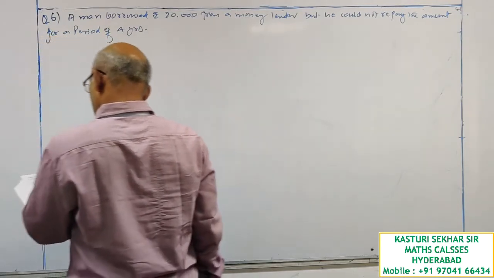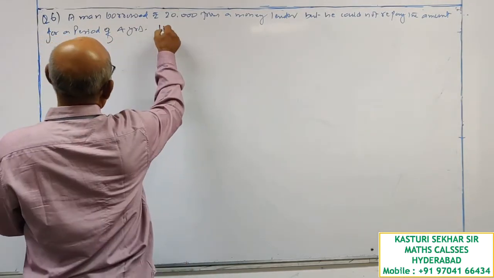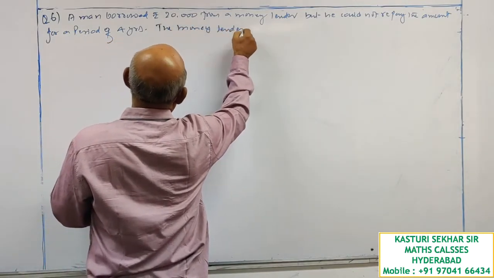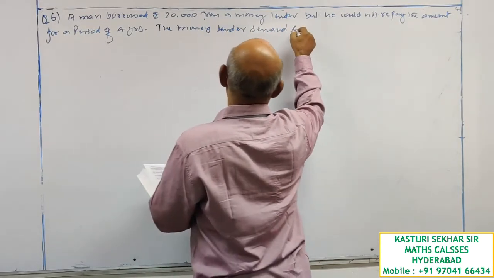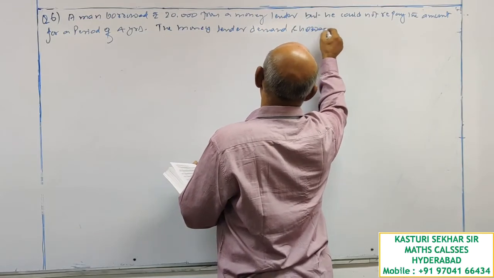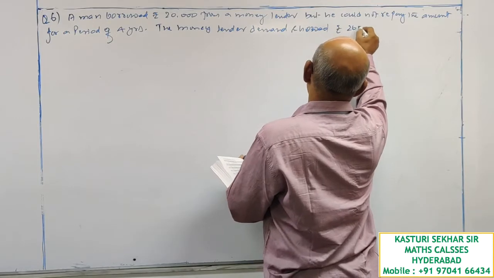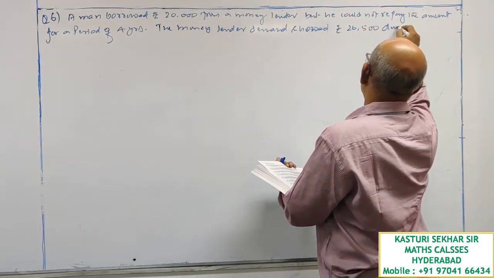The money lender showed rupees 26,500 due from him.